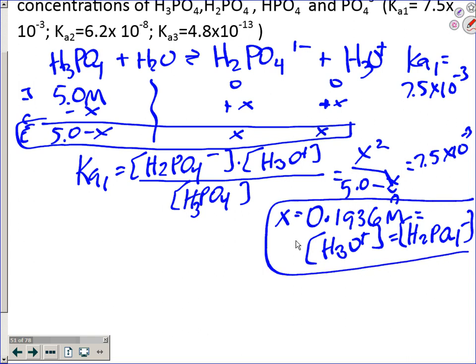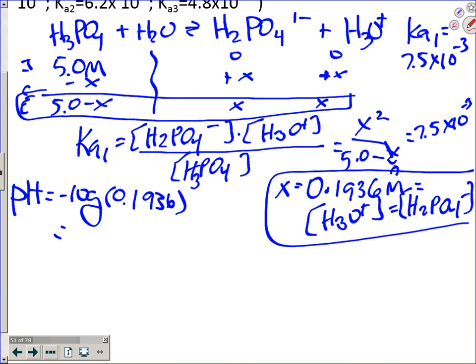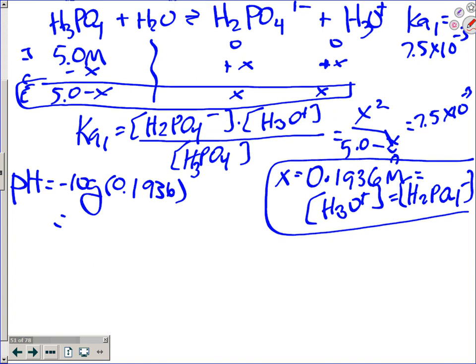Now to find the pH, we're not going to use the other one, we're going to use the hydronium. So pH is equal to negative log of the 0.1936, and what do we get? 0.71. I'm good with that. So this is supposedly the pH after the first deprotonation.